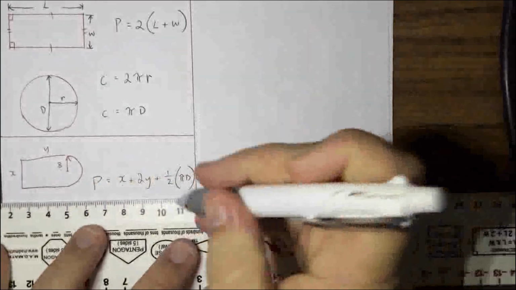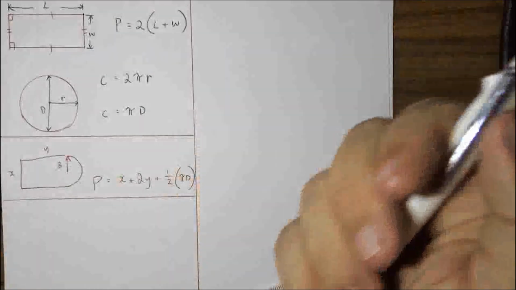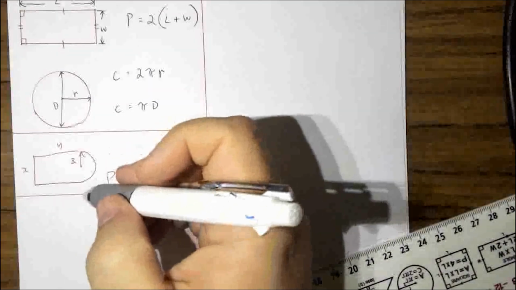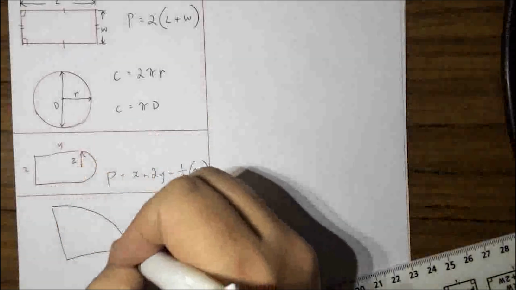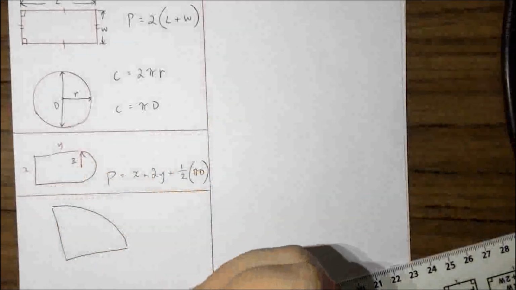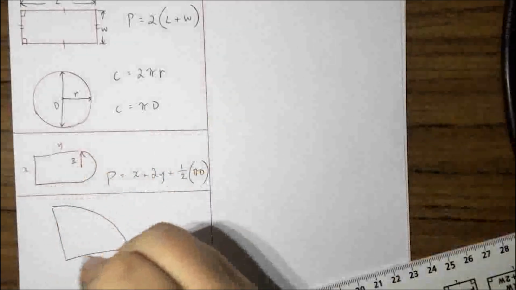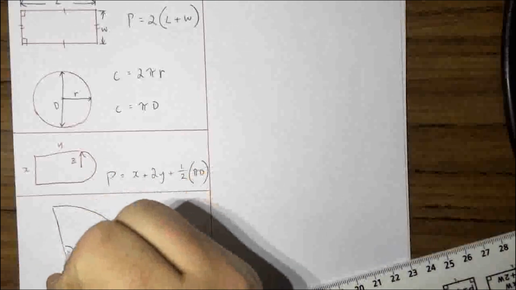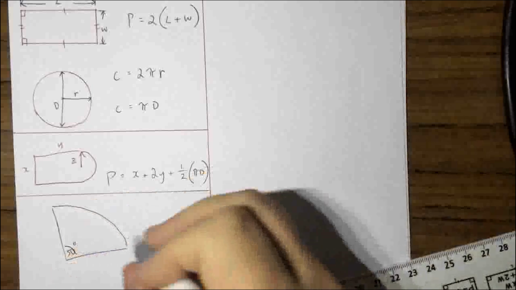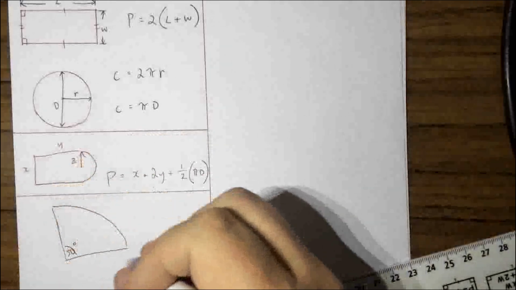If you are dealing with part of a circle that is not neat, it's not like a half. Let's just say that you had, I drew it in black, but oh well, let's just say that you had this, and this isn't exactly 90 degrees. You get told that this angle is actually 50 degrees, and you get given this length.